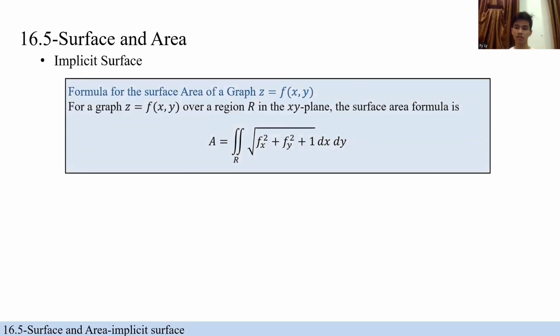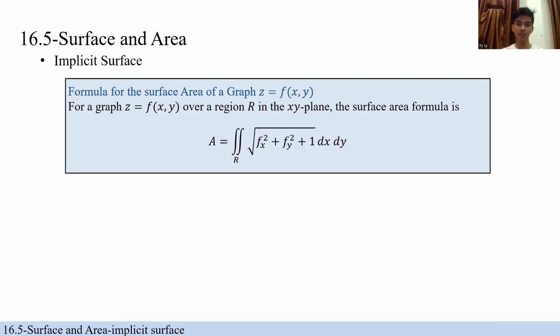So let's take a look at the last formula right here: the formula for the surface area of a graph z equal to f(x, y). Right here is an explicit form that we use when the function is in terms of x and y.